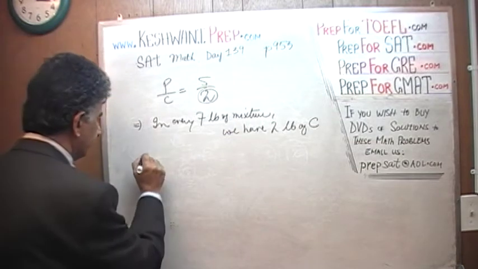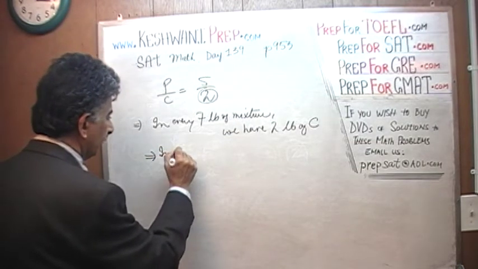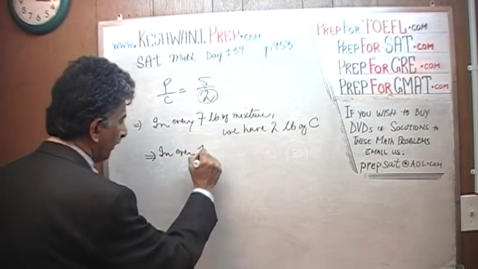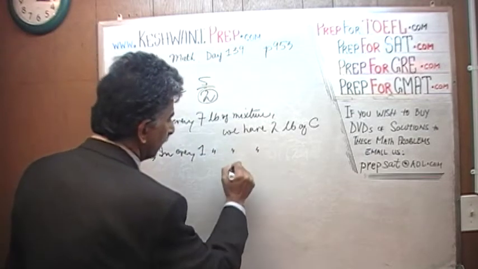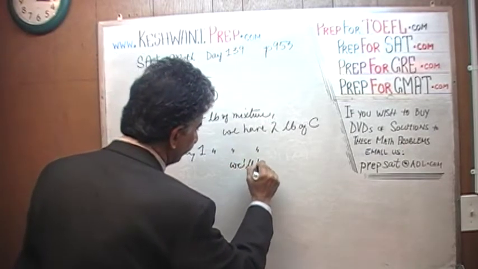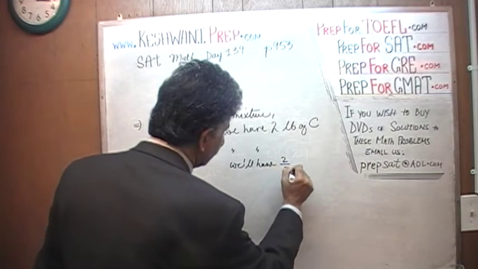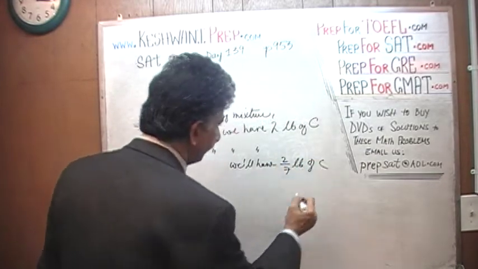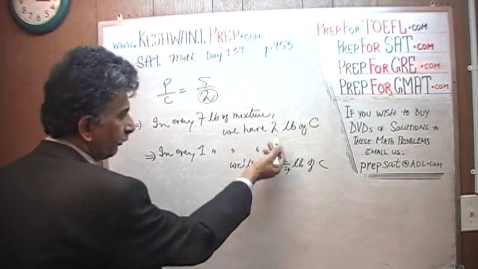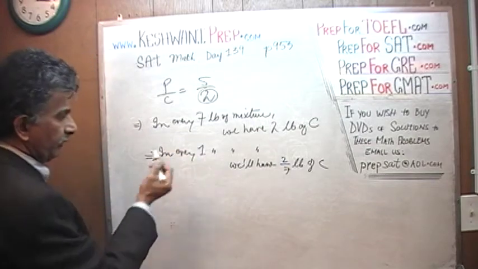So that implies that in every 1 pound of mixture we will have 2/7 pound of cashew. Of course, whatever this amount was, we take a seventh of it, because instead of 7 pounds we have 1 pound.